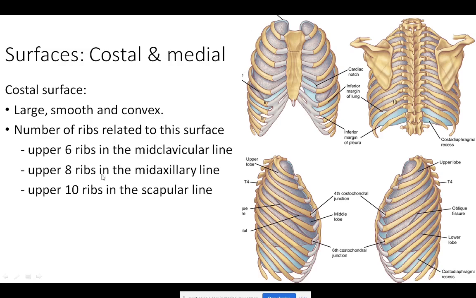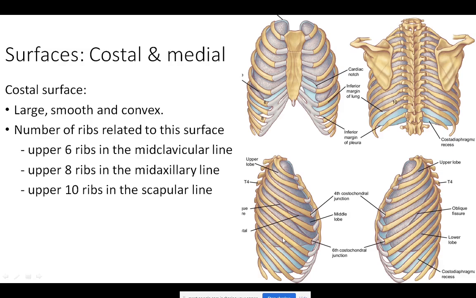Whereas the upper 8 ribs in the mid-axillary line are related here. We see 1, 2, 3, 4, 5, 6, 7, 8 here. This is the 8 ribs.